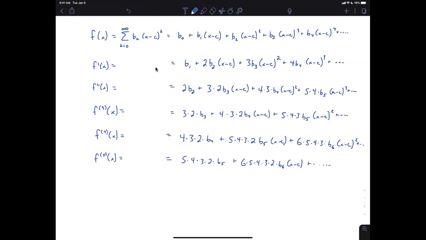There's a wide variety of reasons why we define 0 factorial to be 1, but it is. And one of the reasons is this. And so these are all factorials.